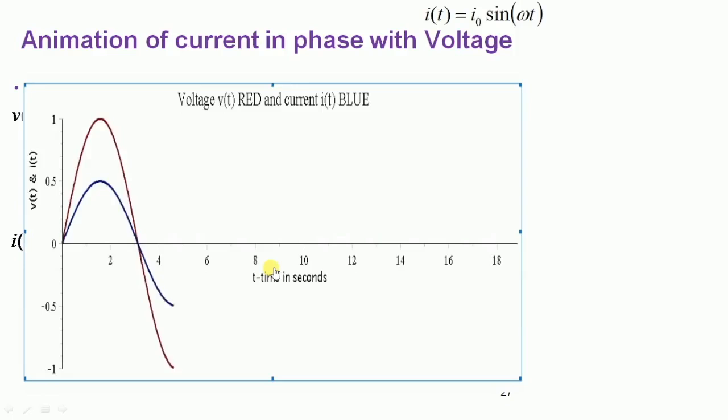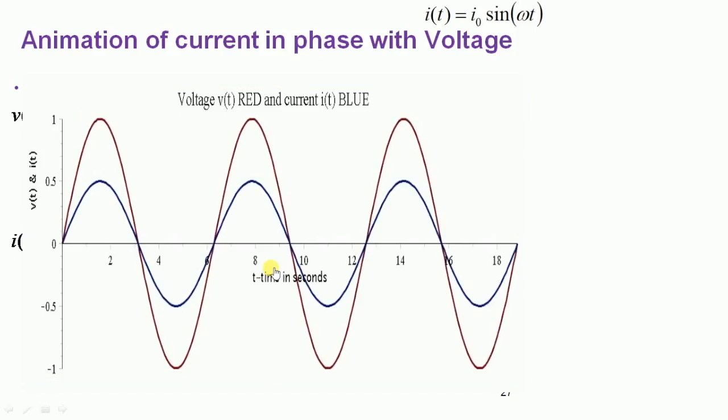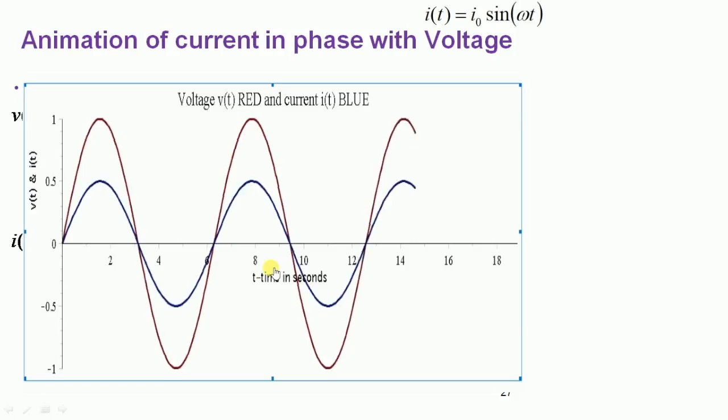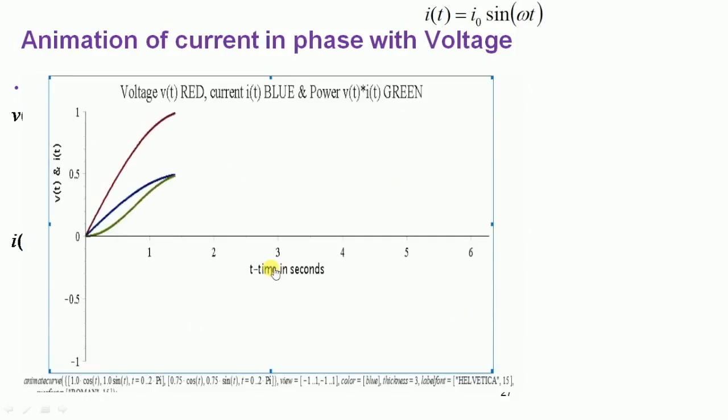So on the given time scale, sinusoidal voltage and current are fluctuating in this fashion. So they are in phase. Both are at peak positions at the same time.